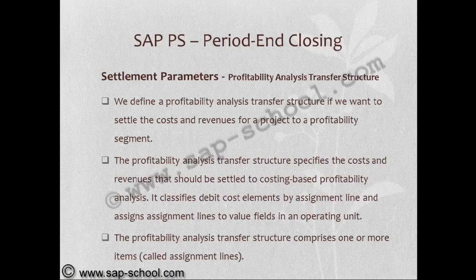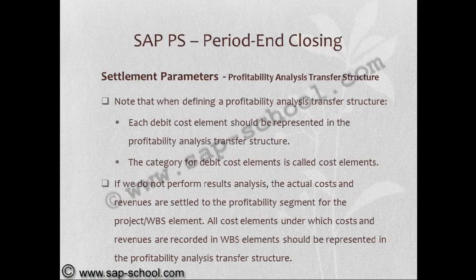The profitability analysis transfer structure comprises one or more items called assignment lines. Note that when defining a profitability analysis transfer structure, each debit cost element should be represented in it. The category for debit cost element is called cost elements.